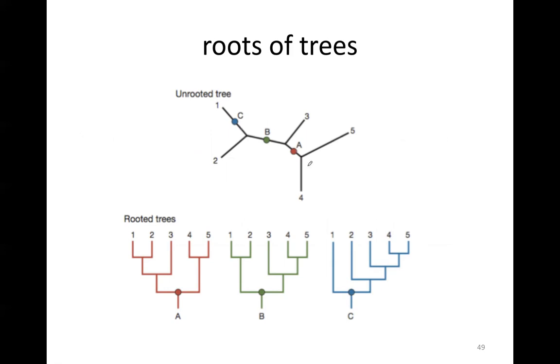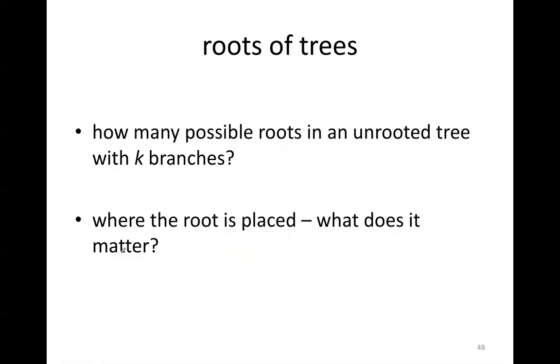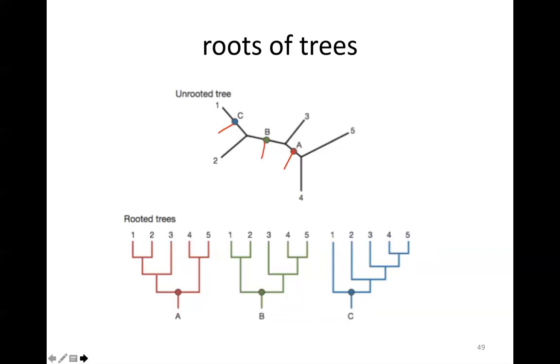Here we have 3, for instance, right? 3 potential sources. It could be here, one could be here, one could be here. What would be the total possible number if there are k total branches? Think of that. And the second question is, does it matter where the root is?